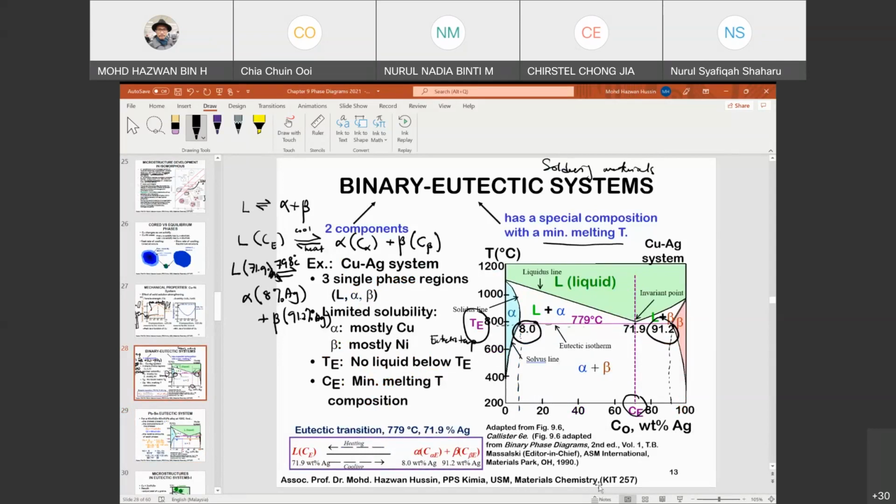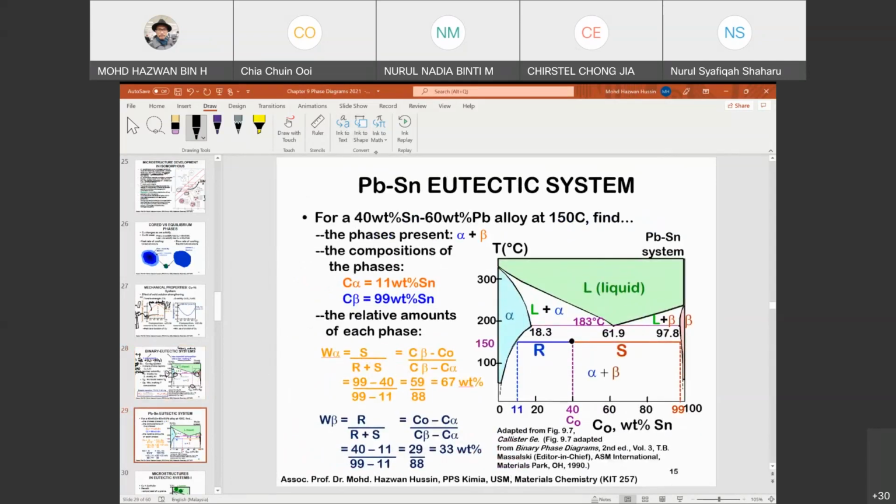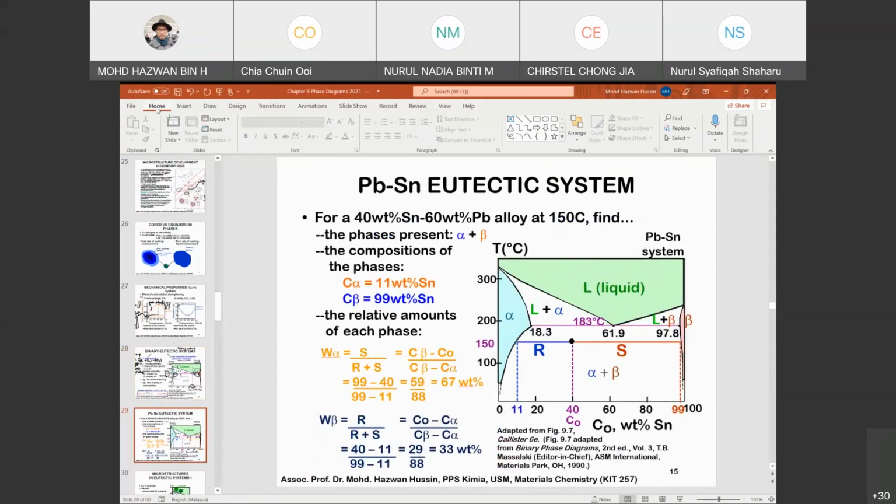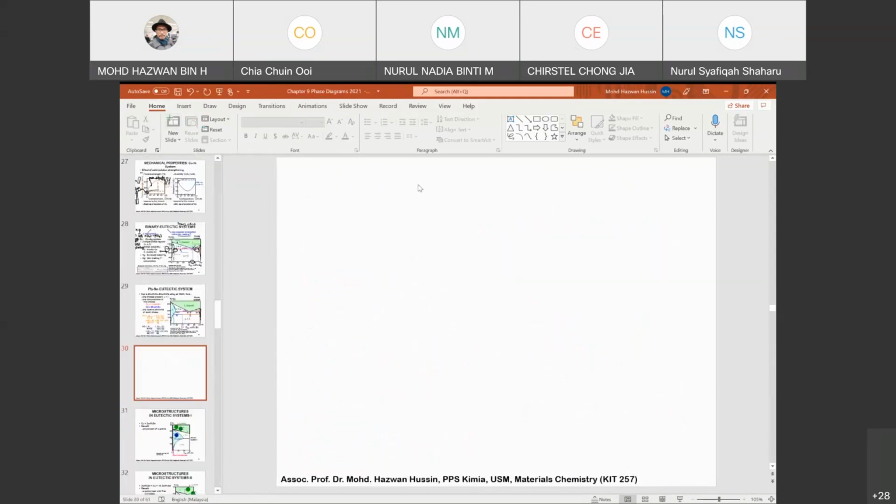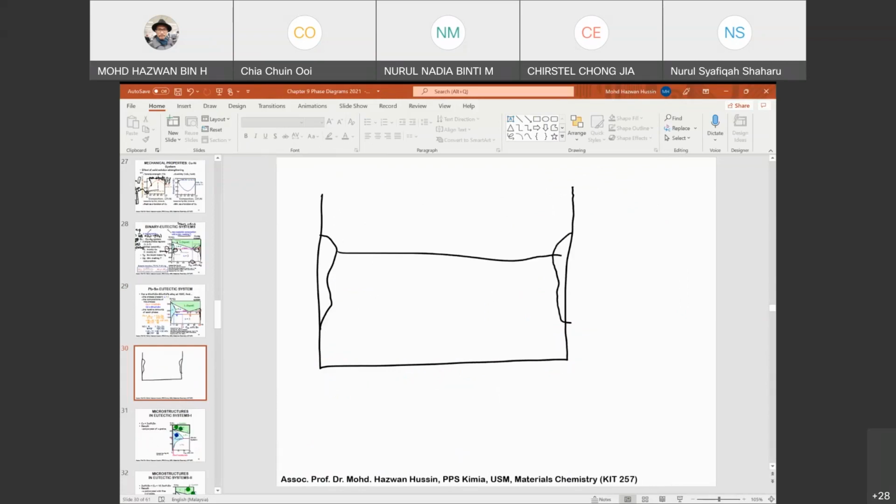You will see that the phase diagram has one solid phase, two solid phases in between, so you have liquid on top, alpha and beta at the other ends.